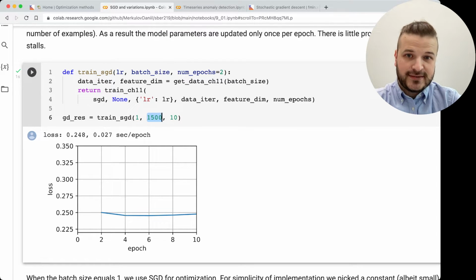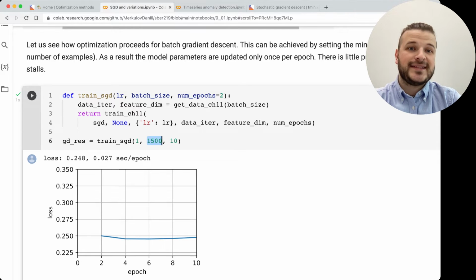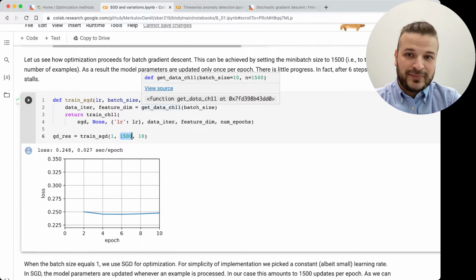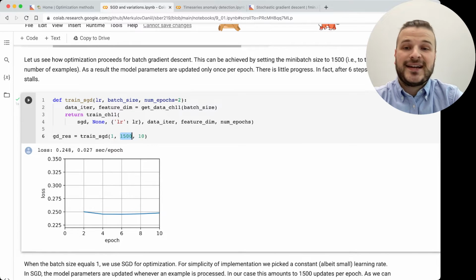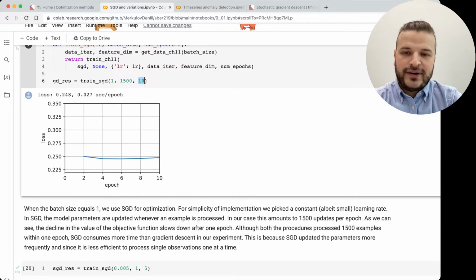That's actually the total number of examples. That means it's just gradient descent here, no stochasticity at all, and 10 epochs. And you can see how fast it is.